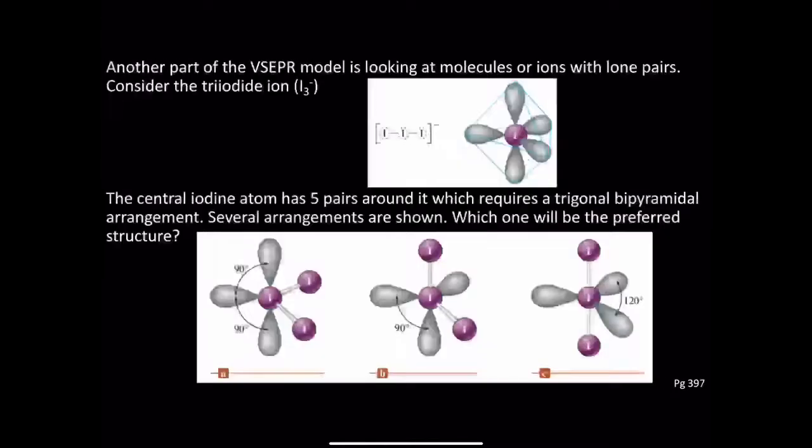Because of those electrons wanting to repel each other so greatly, that C portion will actually be what our triiodide ion will take the form of. And so it will actually be considered a linear molecule as well.